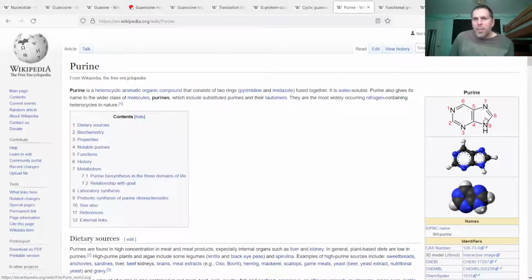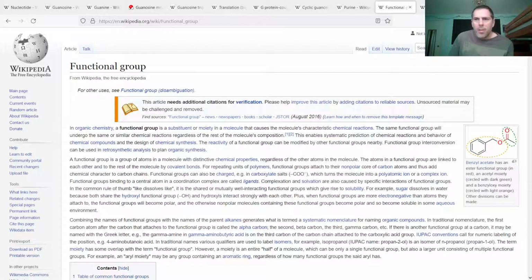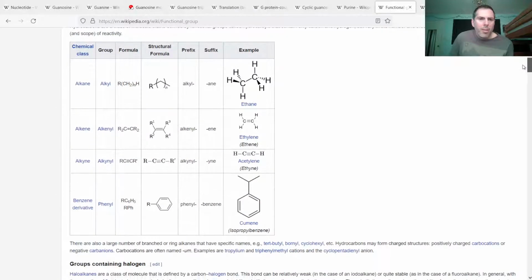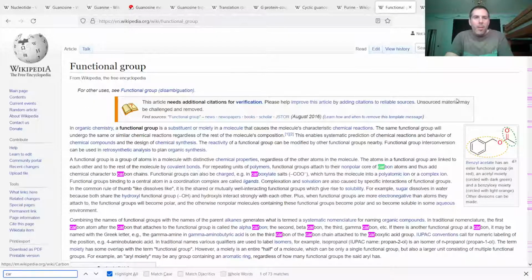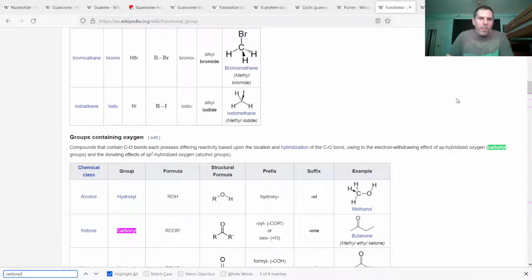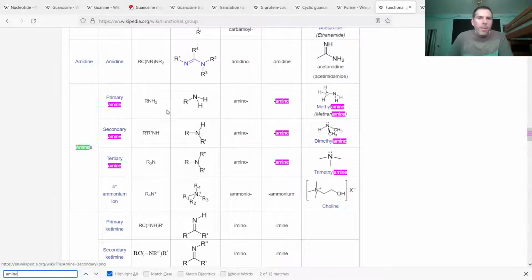So I already showed the purine here, and there's a few functional groups that I mentioned. Carbonyl group with the double bond to the oxygen, and amine with the nitrogen floating off in space.